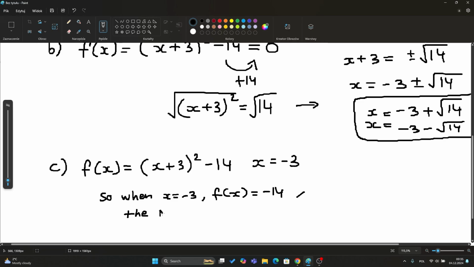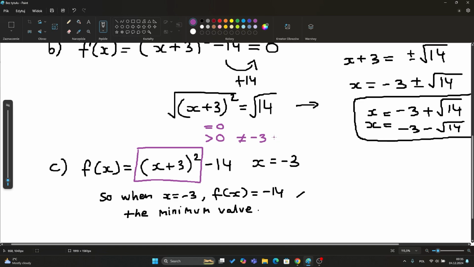The minimum value. So what happens here is that (x + 3) squared is either greater than 0 or equal to 0. If the result was not minus 3, then we would have it greater than 0, but if it is equal to minus 3, then it is equal to 0, and therefore the minimum value is minus 14.